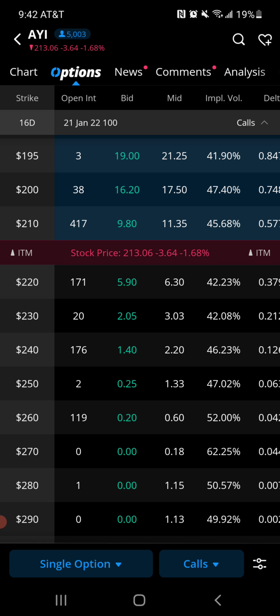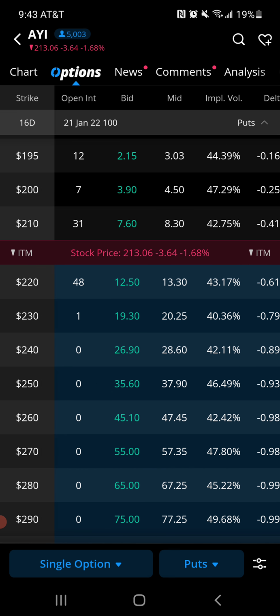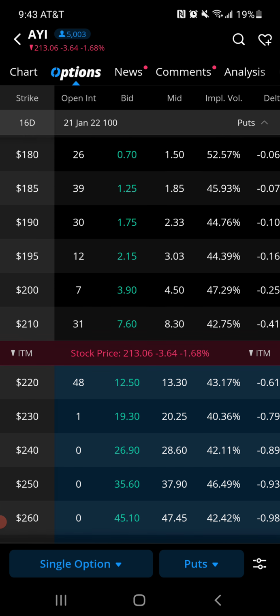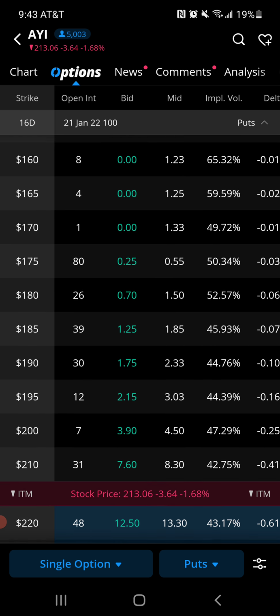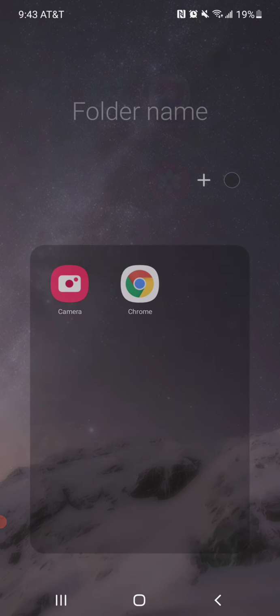So you've got calls at the money at 417 open interest for January 22nd. Go to puts. This is our support. There's puts down all the way to 175. 80 open interest. So now what we do is we go to maximumpain.org.